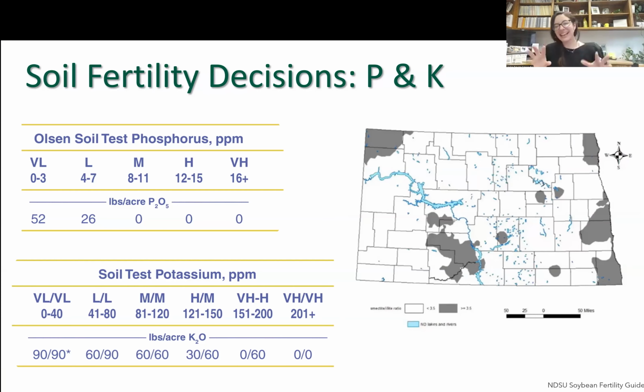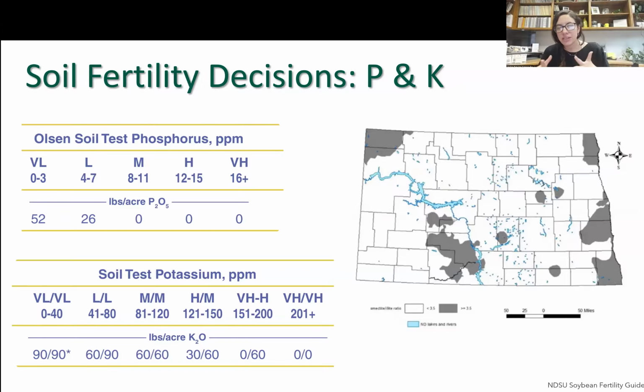Potassium is a little bit tricky because it depends on which kind of clay you have. You see this map of North Dakota here. You can see darker areas and white areas. If you are in the white area, you can use the lower threshold, but if you are in the darker area, you have to use the higher threshold.